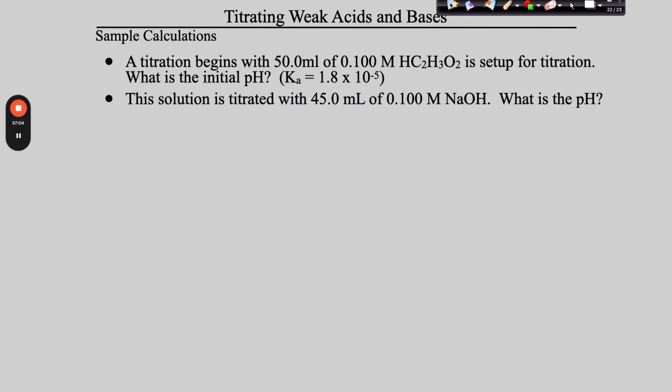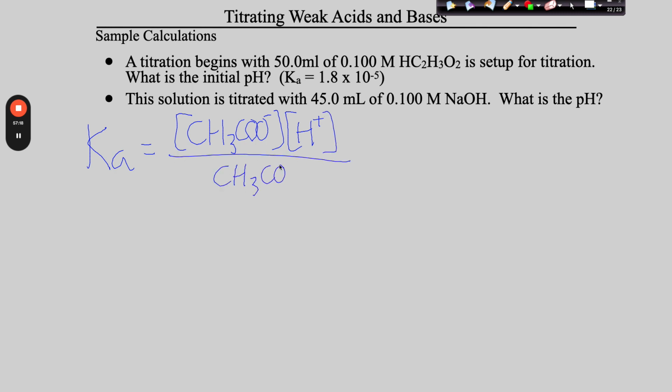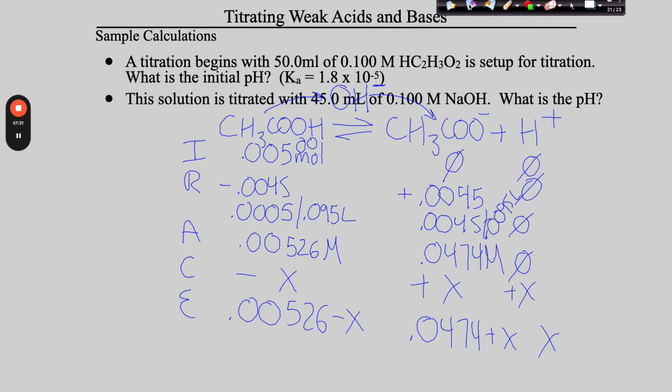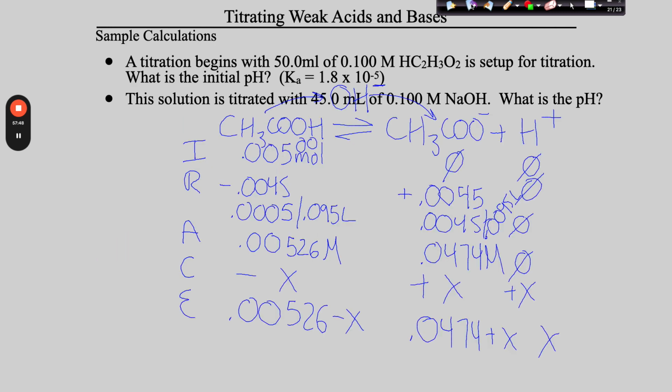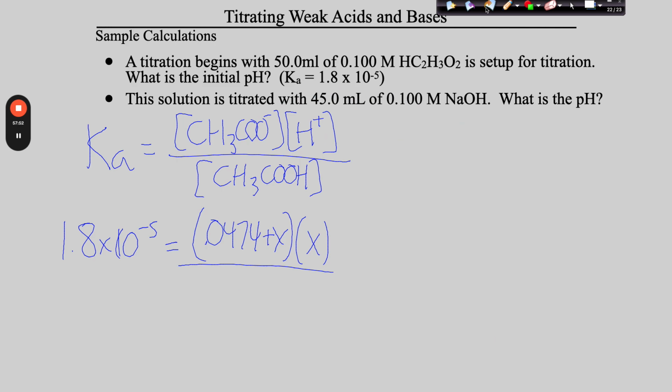So we have Ka is equal to 1.8 times 10 to the negative fifth, which is equal to, so acetate ion was 0.0474 plus x, times x, over 0.00526 minus x.